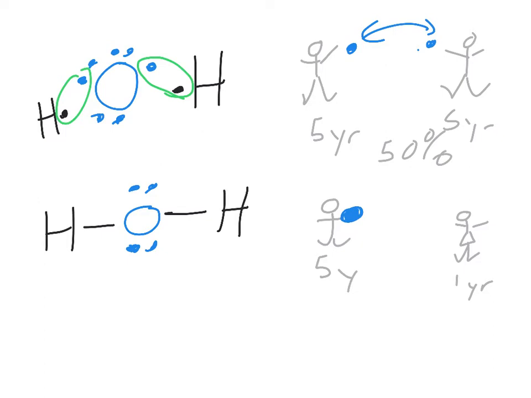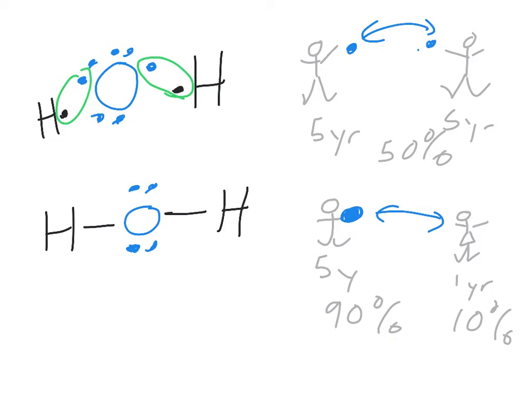When mom sticks her head out of the window and says, give the little ball to your sister, right? Share with your sister. So even though they're sharing the ball, we know that the 5-year-old would probably have the ball 90% of the time and the 1-year-old only 10% of the time. Now, technically they're sharing the ball, but the 5-year-old is definitely getting more than its share of the ball.